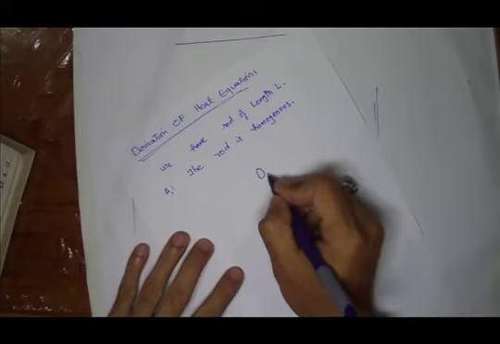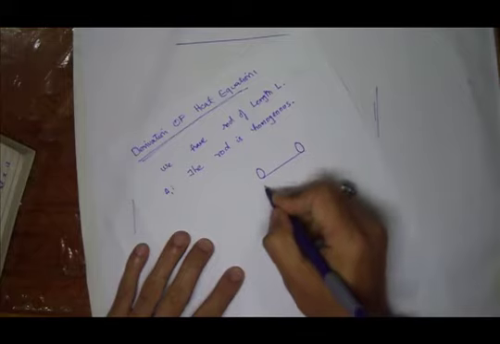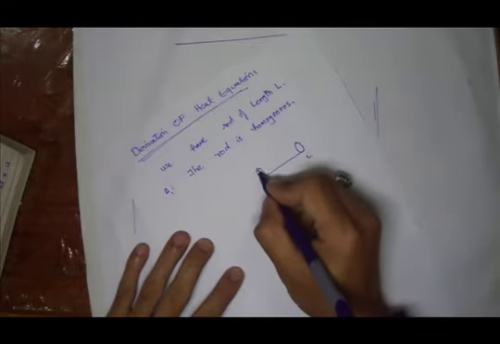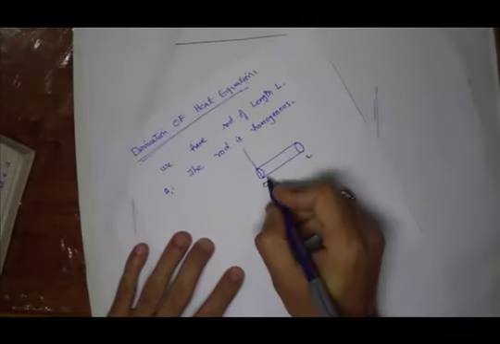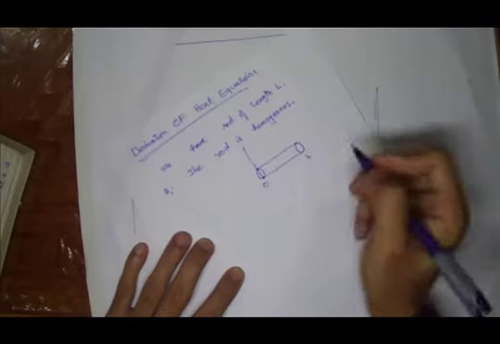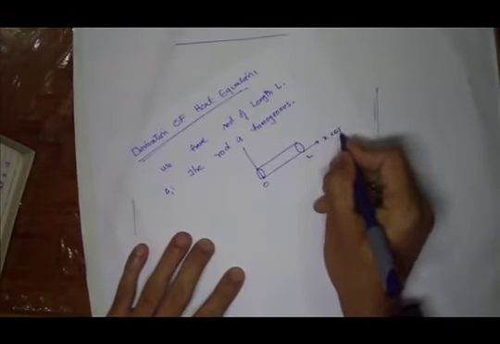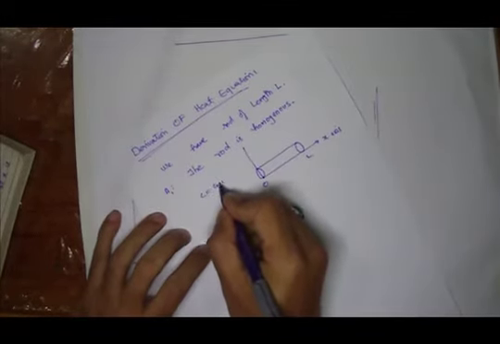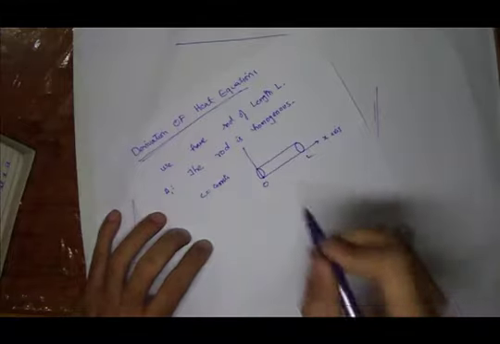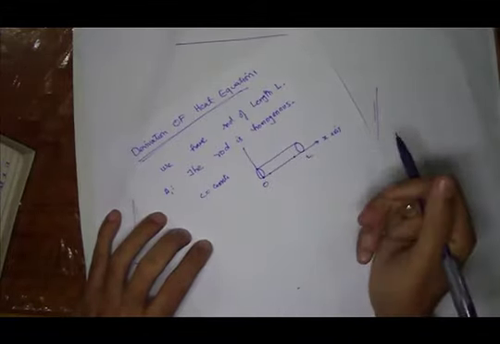Assume this is the rod of length L. We will place it on the x-axis between 0 and L. C is equal to constant, meaning the specific heat at this point is the same as the specific heat at this point.